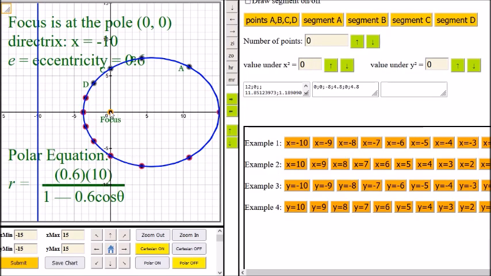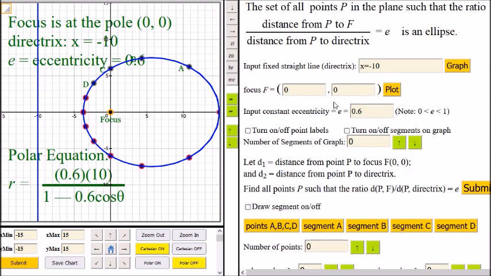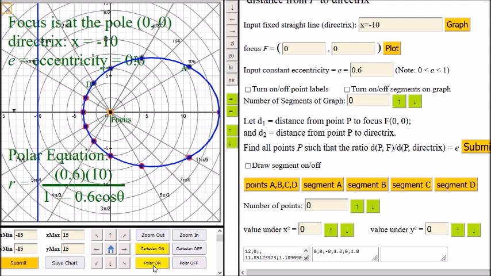And for this example, we have the directrix at x equal to negative 10. E is set at 0.6. So here's the pole. The distance from here to here is 10.